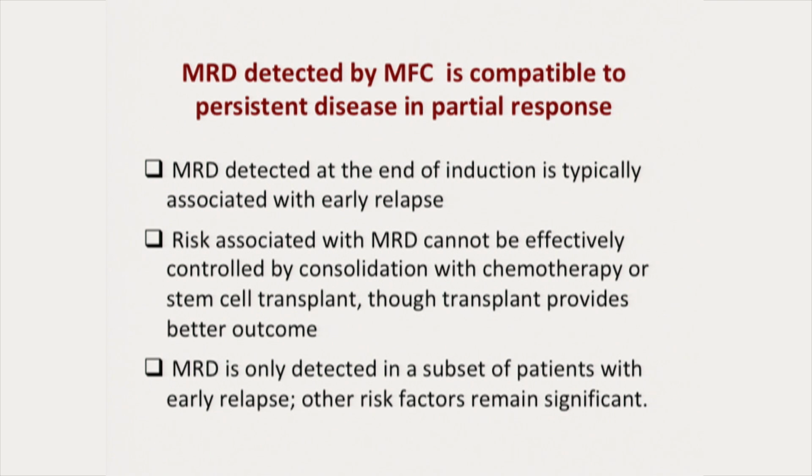And the MRD detected by flow only identifies a subset of patients with early relapse, and does not capture all the patients, and also other risk factors remain significant. So this third point highlights that MRD detected by flow is incomplete. It does not capture all the patients at risk.